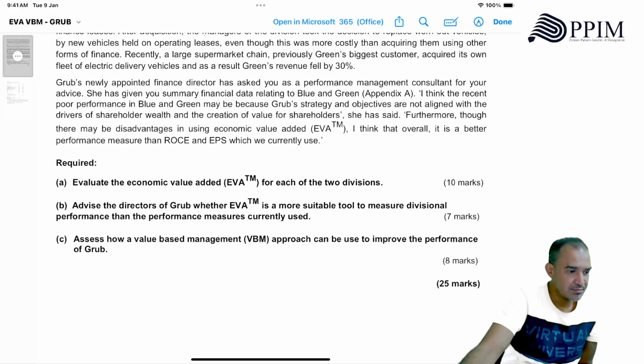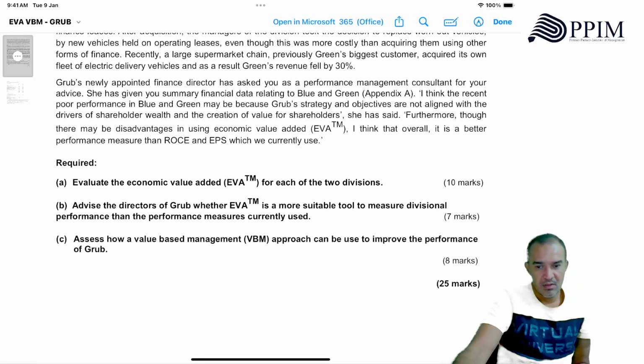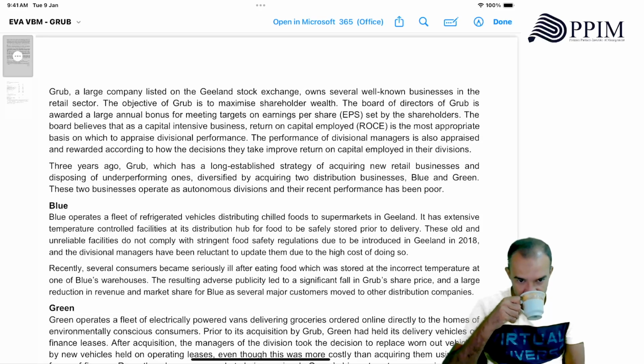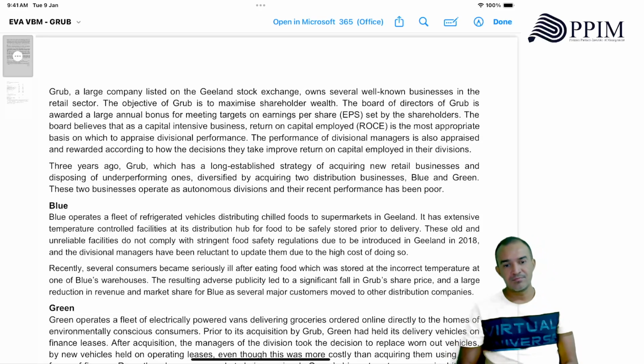In the case of G, the objective is to maximize shareholder wealth. EVA directly measures this objective.